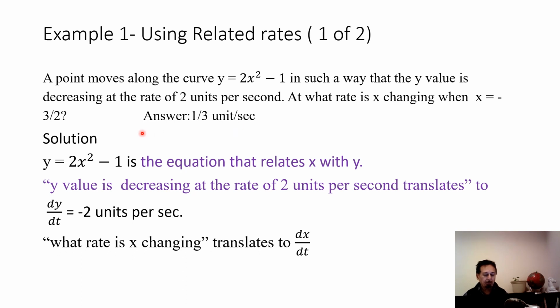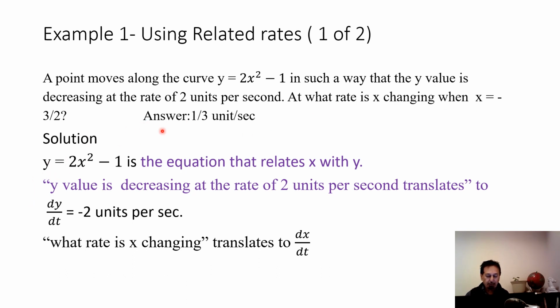Here is an example. A point moves along the curve y equals 2x squared minus 1 in such a way that the y value is decreasing at the rate of 2 units per second. At what rate is x changing when x equals minus 3 over 2? So let's see.